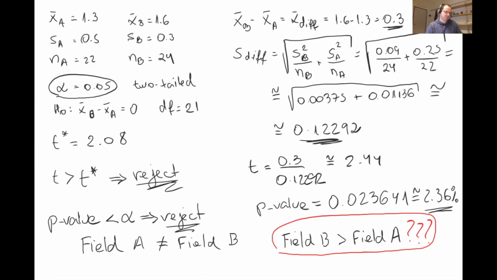It can be an exercise for you. I just want to make sure that if you conclude something, this is your conclusion: the plants from feud A are not the same size as the plants in feud B.